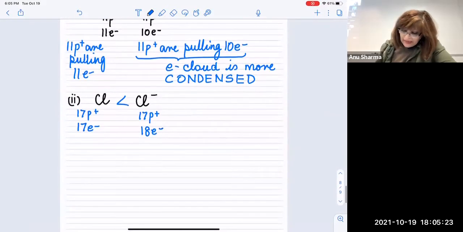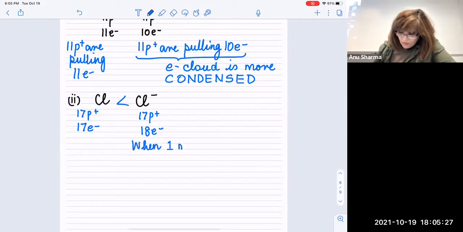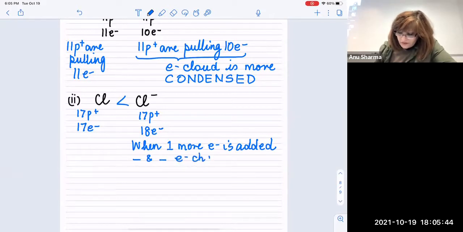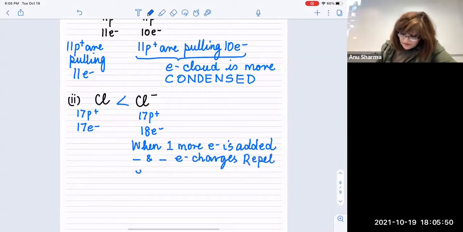When one more electron is added, the octet rule is met and everything is fine. But remember that negative electron charges repel. There is repulsion, and due to that repulsion, the electron cloud expands.